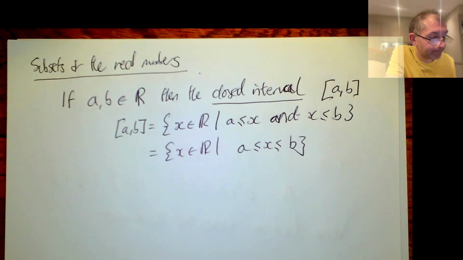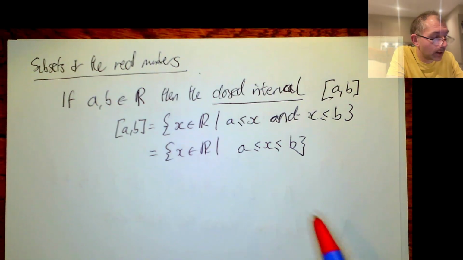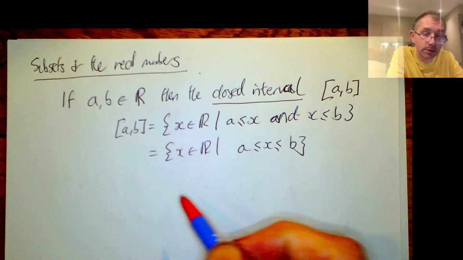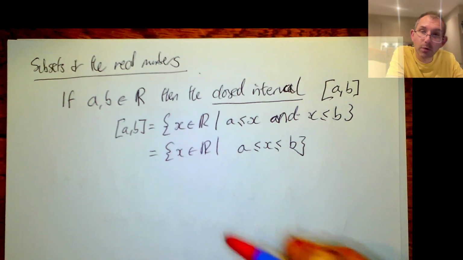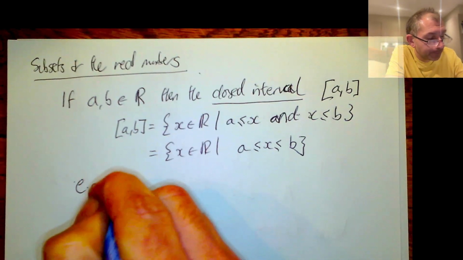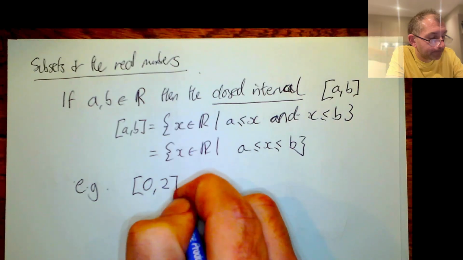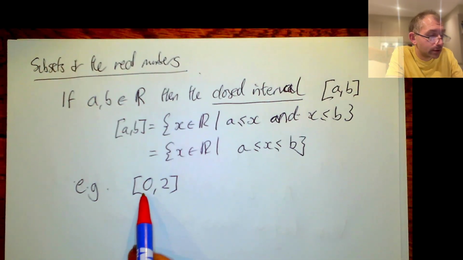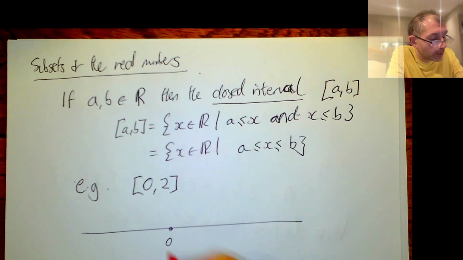Okay, let's use a couple of these closed intervals together with an operation, and we can see what we get when we do an intersection. So for example, if I take [0, 2], that's all the real numbers, and we can draw them on a number line, that are between 0 and 2.